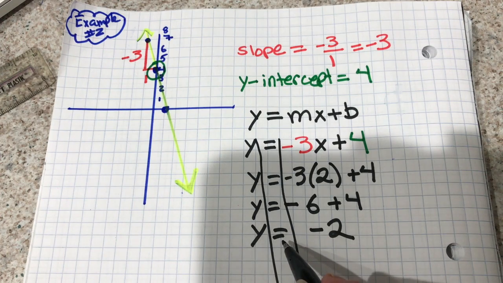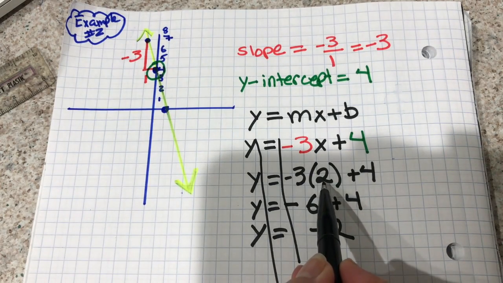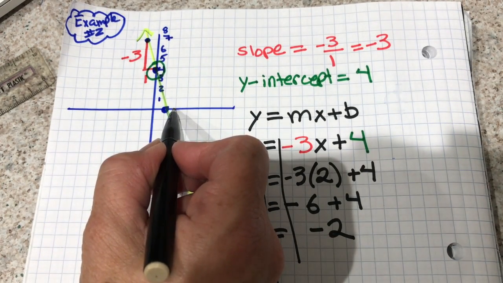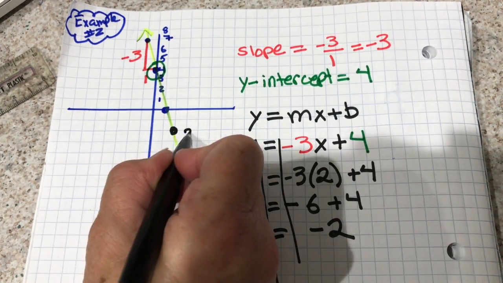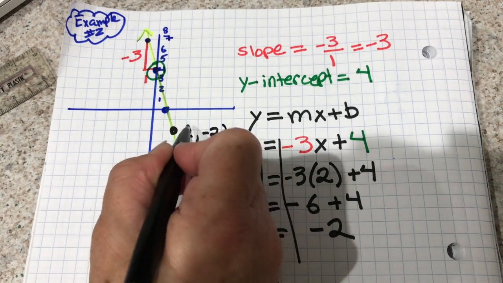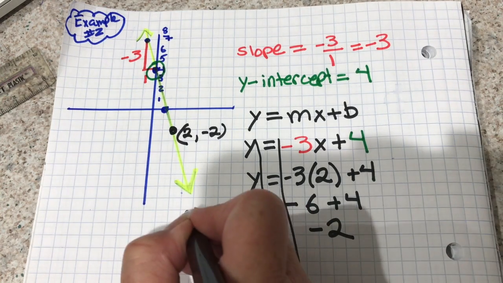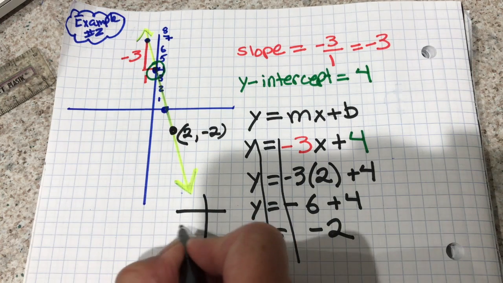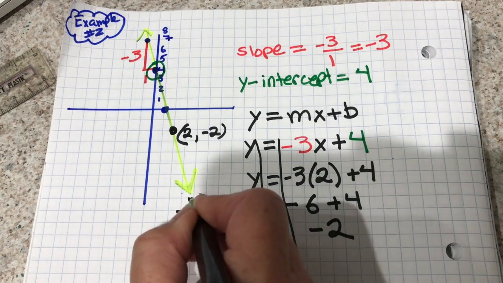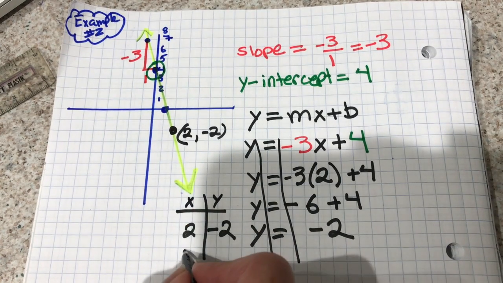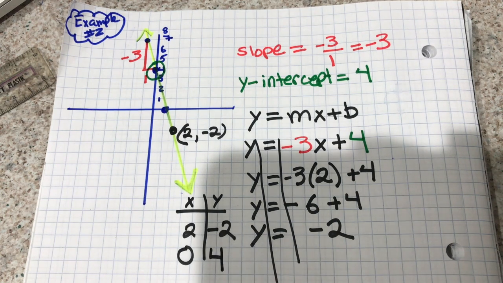So let's see if that's correct. On my graph, x is +2, 1, 2, and y is 1, 2, -2. And indeed, x is 2, y is -2 from the graph. That can also be shown on the t-table. If x is 2, y is -2. And remember, the y-intercept, x is 0 and y is +4.